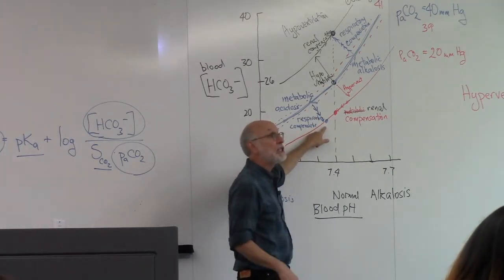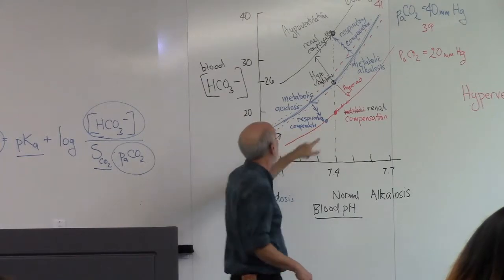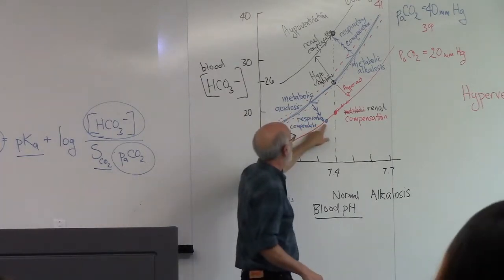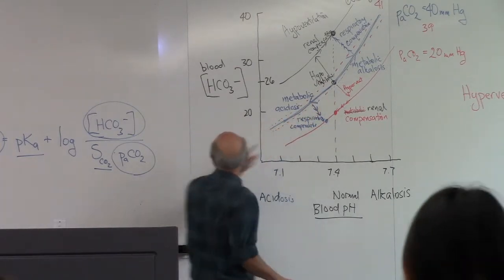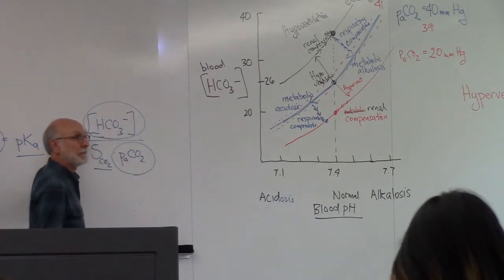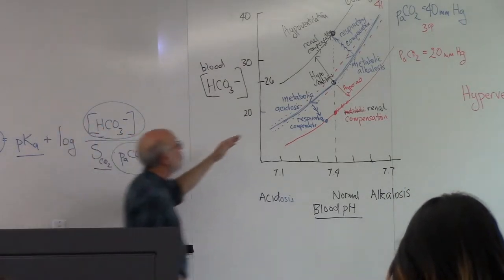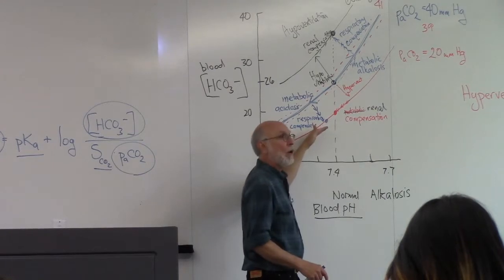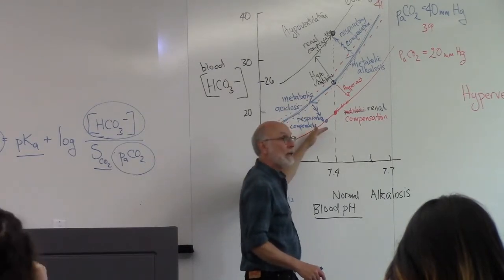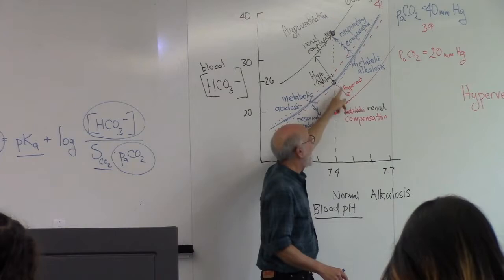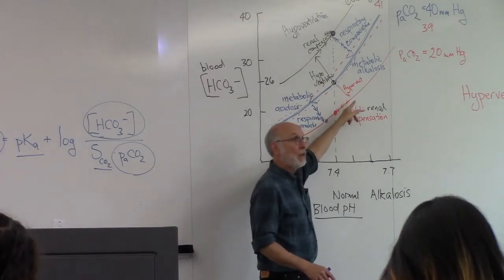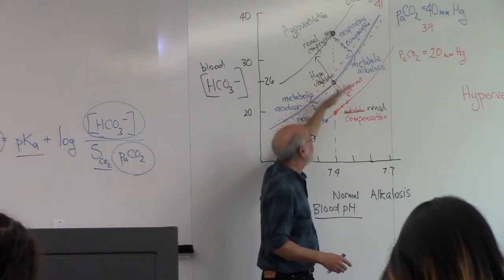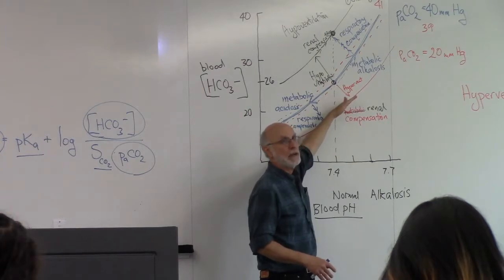Yeah, PCO2 is changing. It's going down in order to compensate for the decrease in bicarbonate. So when we move from one curve to another, whether it's a compensatory change or an abnormality change, we are changing PCO2.